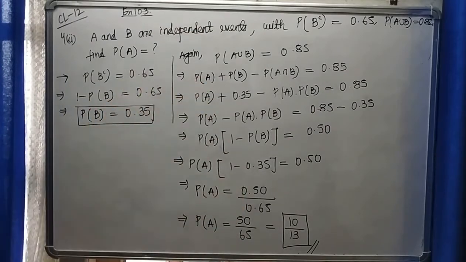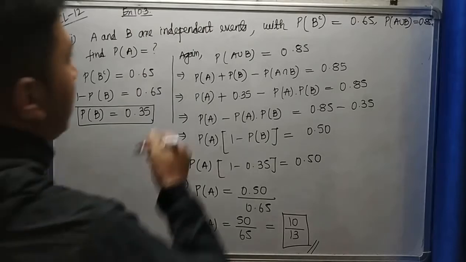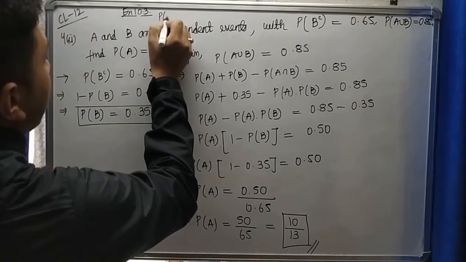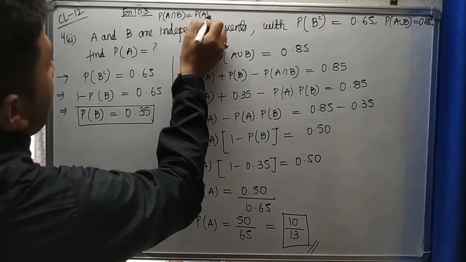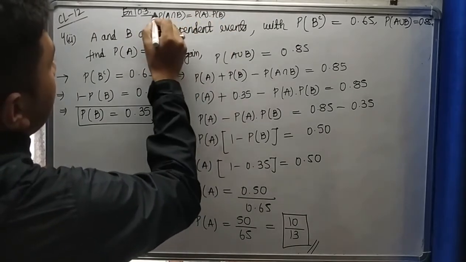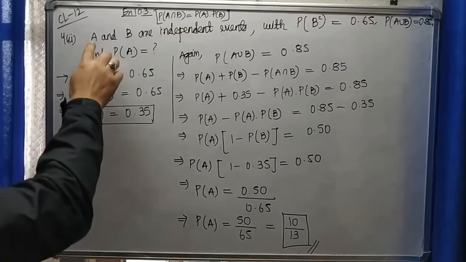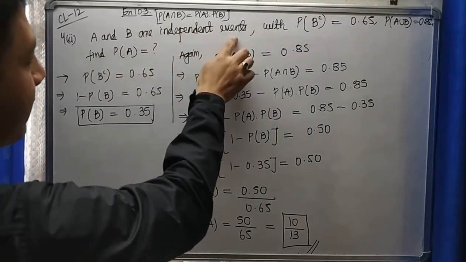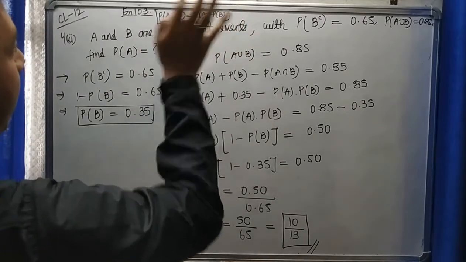Please focus on the board. A and B are independent events, which means probability of A intersection B is equal to probability of A into probability of B. This is the meaning of independent events.